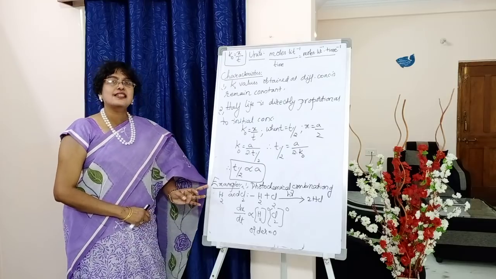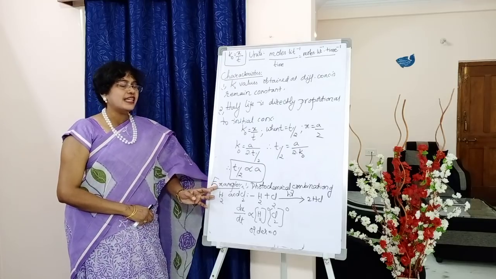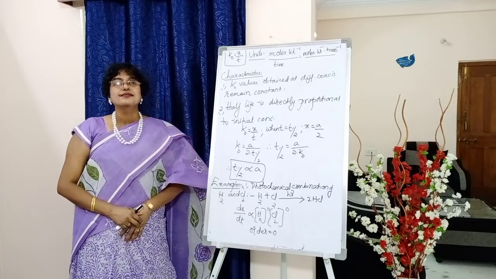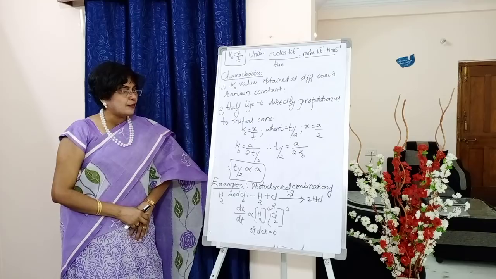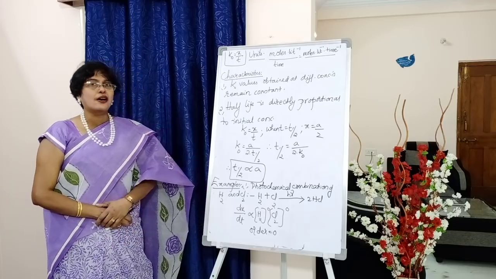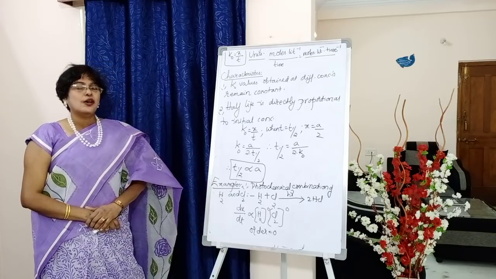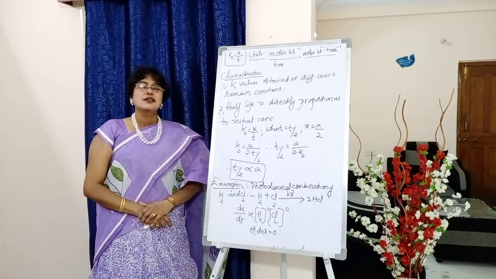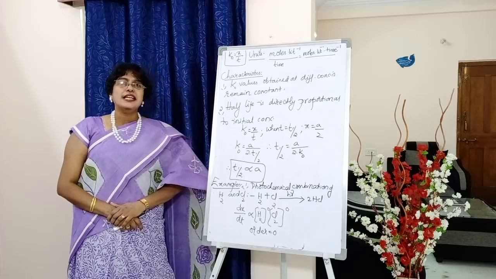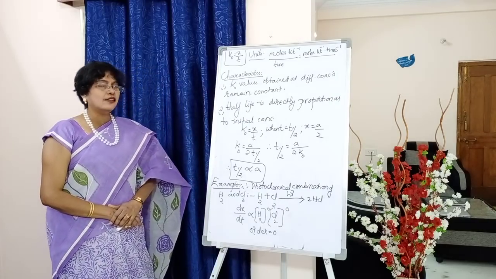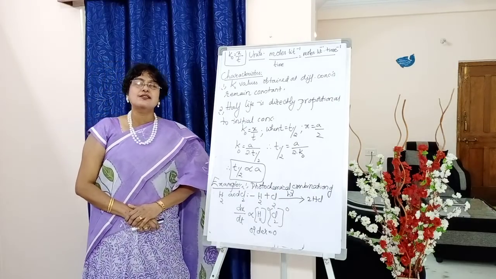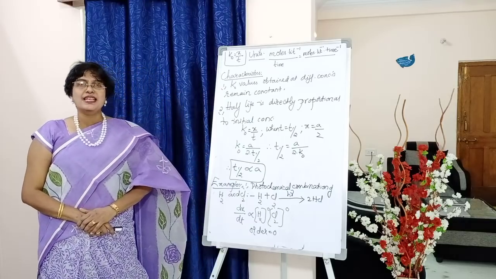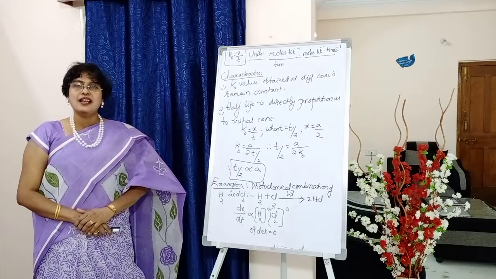Good. So next, at the end comes the examples. Write down example. So I am quoting one example here. Photochemical combination of H2 and Cl2. Write down the reaction. H2 plus Cl2 gives 2HCl. This reaction takes place in the presence of light.